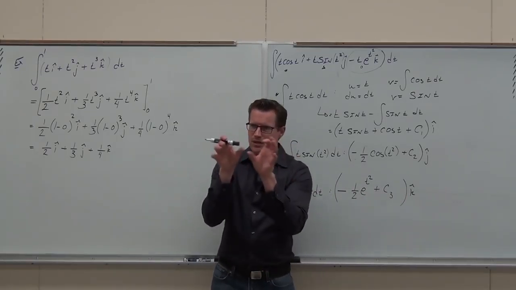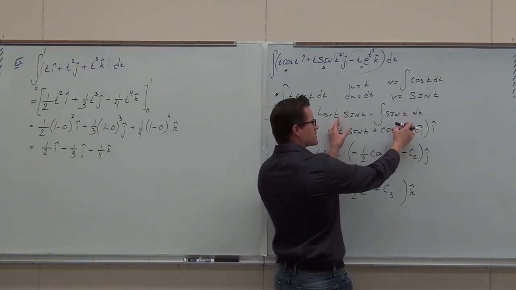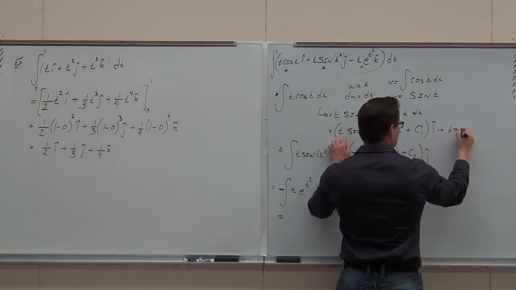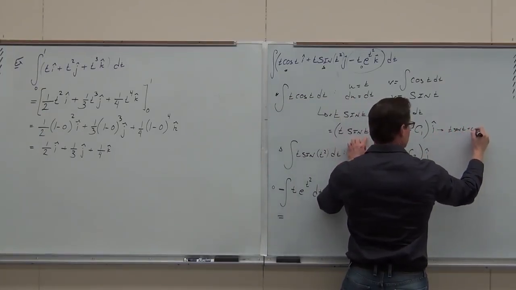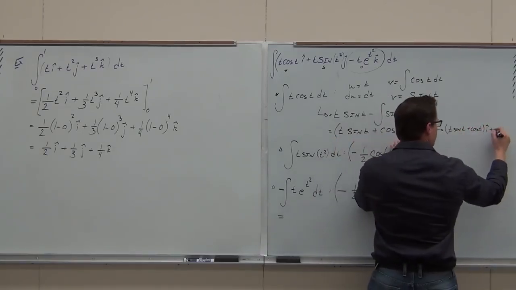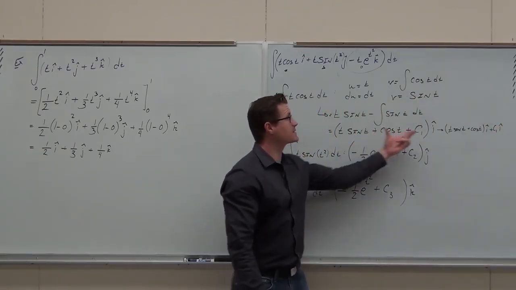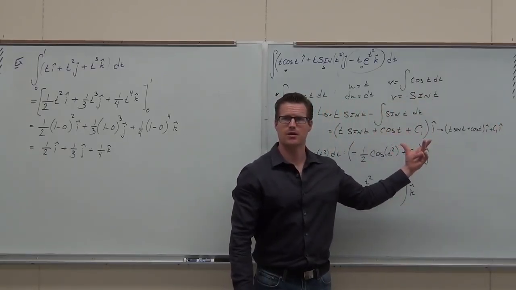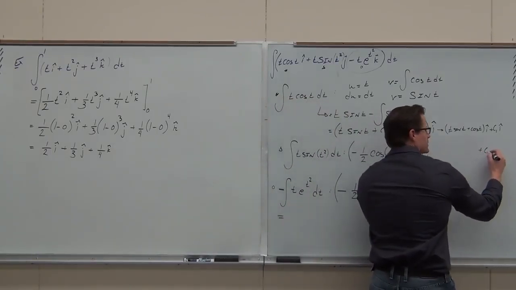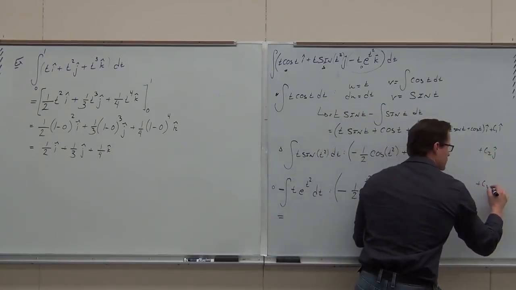I can separate components of my vectors, which means I can really think about this as plus C1i. I can separate that. Do you guys catch what I'm talking about? I can do the same thing here. I can pull off that C2j. I can do the same thing here. I can pull off that plus C3.